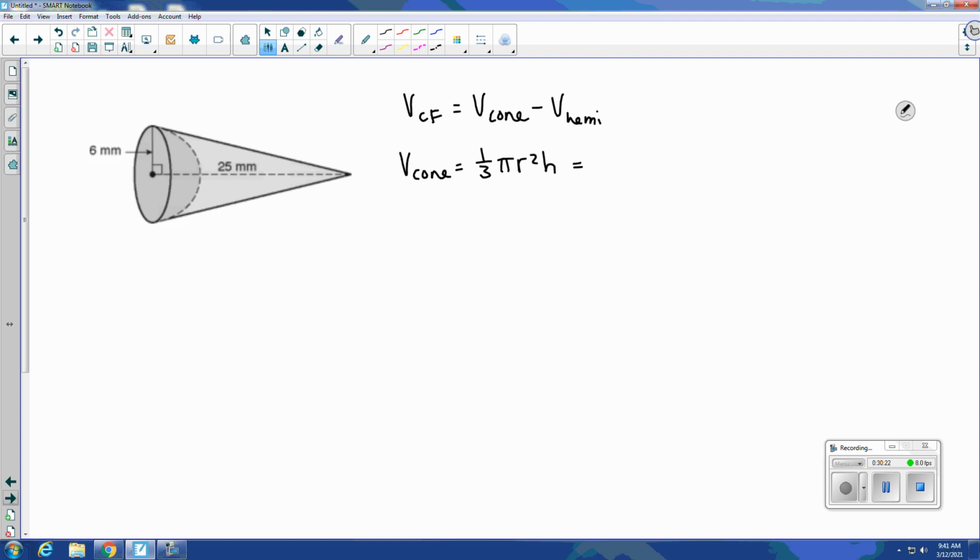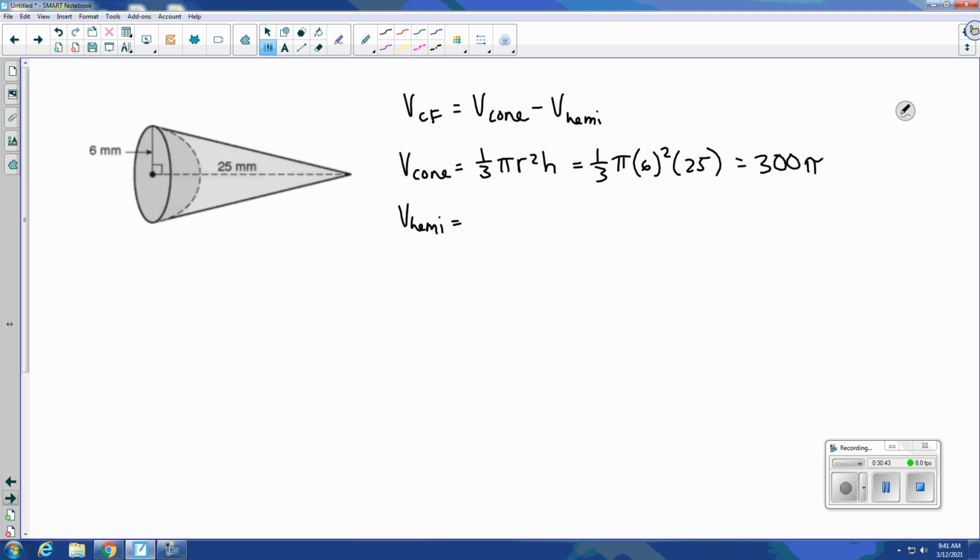If the base is a circle, that's where that pi r squared is coming into play. We have a radius and we have a height, so let's just plug those in. So we're going to get 12 times 25, which is 300 pi. Now, volume of the hemisphere.